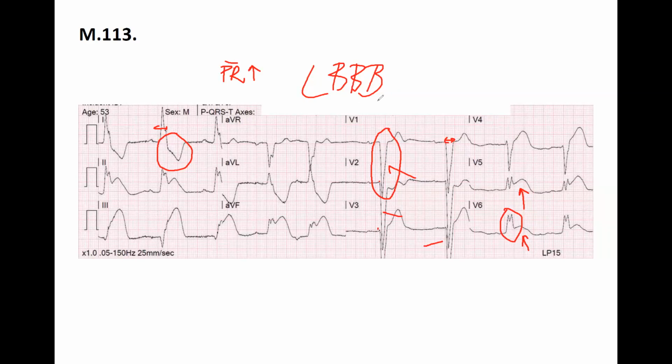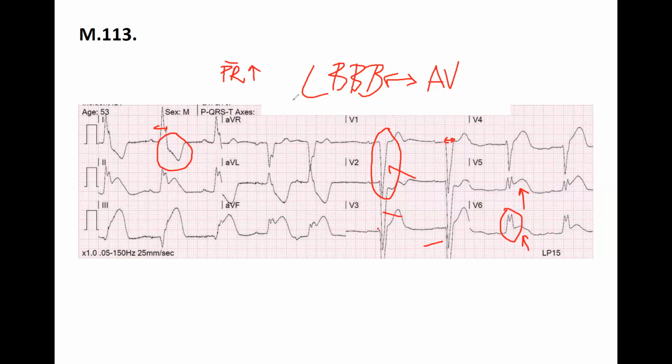Now, because the PR interval is elongated and we see left bundle branch block, we have an AV block plus a left bundle branch block. How many fascicles are missing? Three: anterior, posterior, AV.